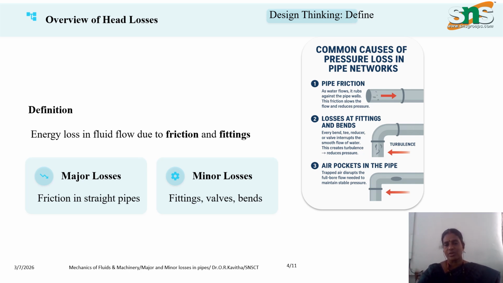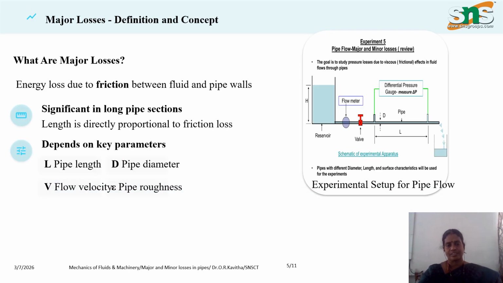The liquid is flowing, and due to friction there will be losses, and also due to the pipe fittings and the air pockets trapped in the pipelines. Therefore we classify these losses as major loss and minor loss.